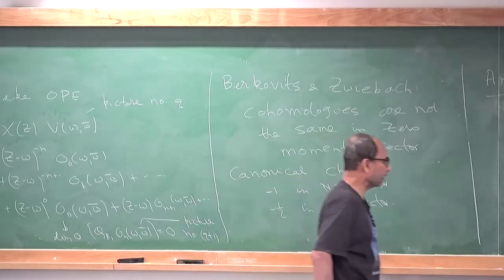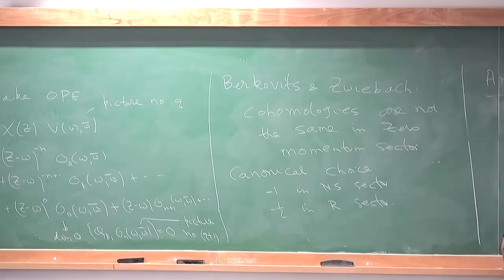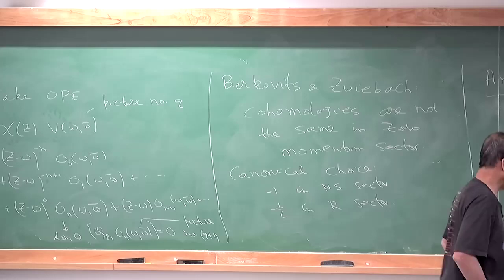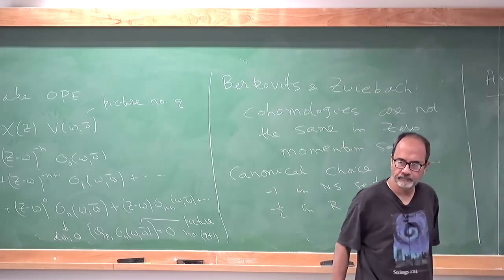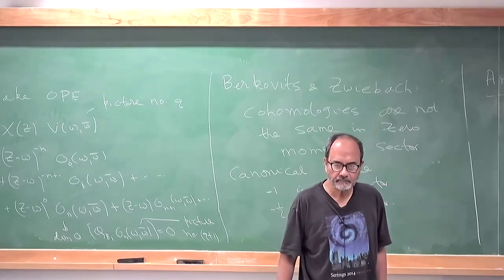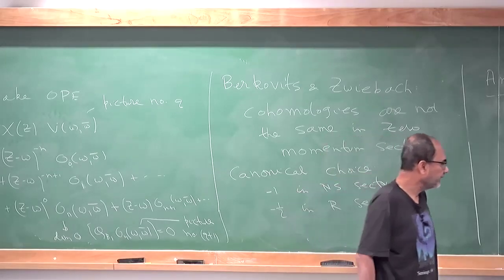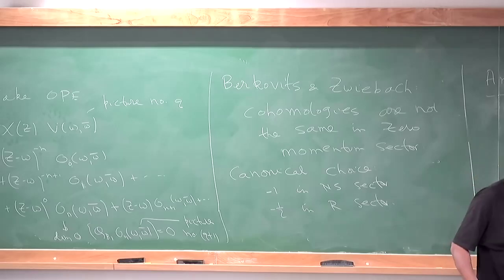Then you take a Riemann surface, put the vertex operators, calculate the correlation function, and insert those b's.